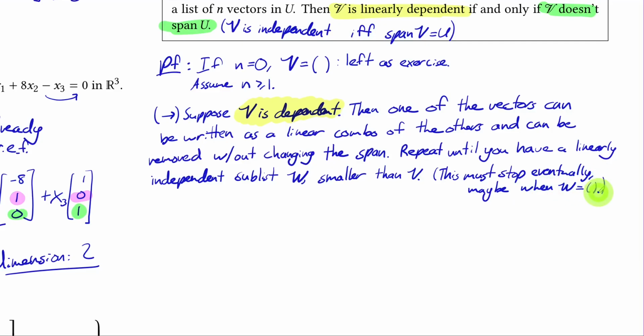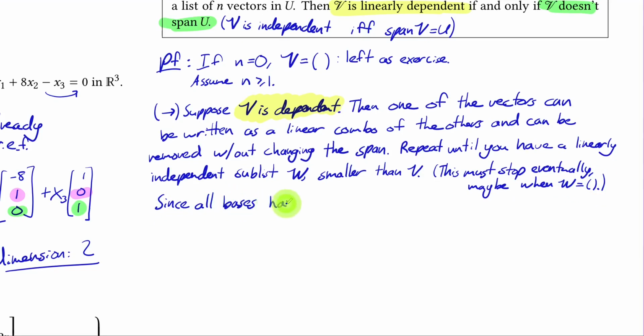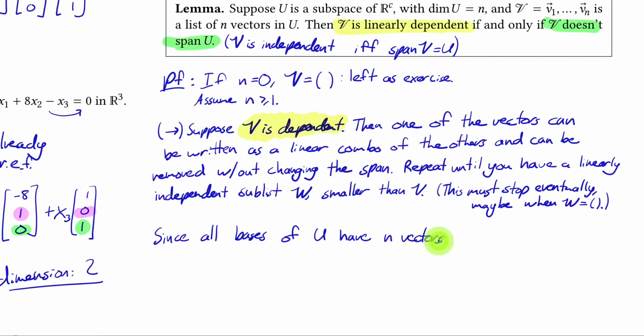Okay. Since all bases of U have n vectors, the dimension of U, that's because all bases of any subspace have the same number of vectors, and there's one with n, which is what that means.